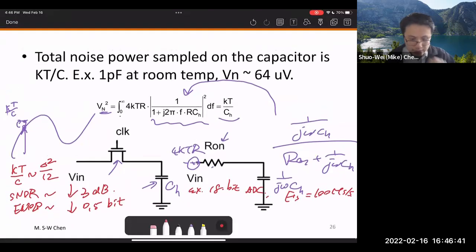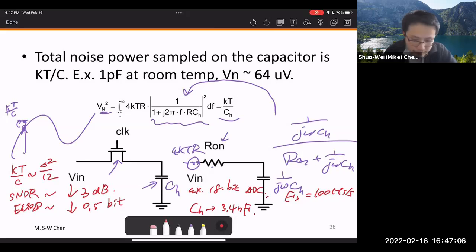If I just do this calculation, kT over C roughly equal to delta square over 12, you will end up with a sampling capacitor size of roughly 3.4 nanofarad. That's how large you need to design that sampling capacitor.